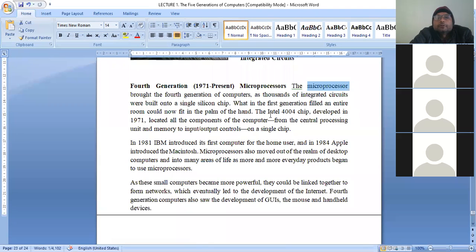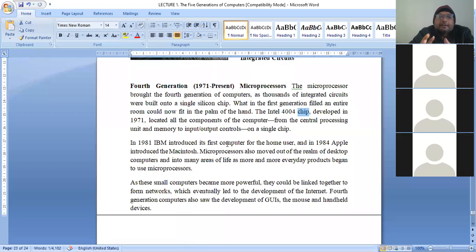The Intel 4004 chip was developed in 1971. By using this microprocessor chip, they integrated the chips in a computer, in the motherboard. You know the motherboard in the computer. Inside that motherboard, all the connections are kept.